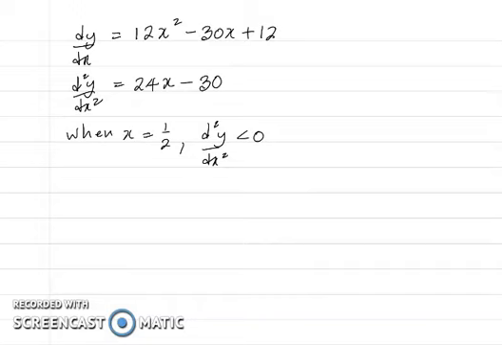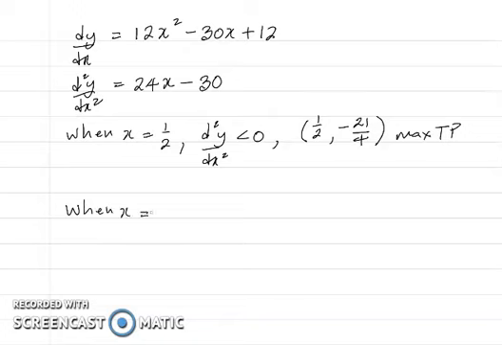If it's less than 0, it means that the graph concaves down, and if it concaves down, it means that the point which is a half, minus 21 over 4, is a maximum turning point.